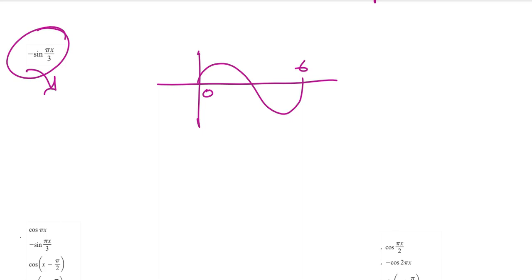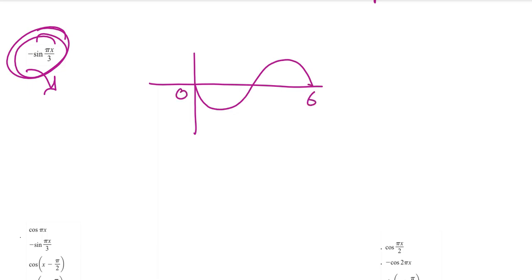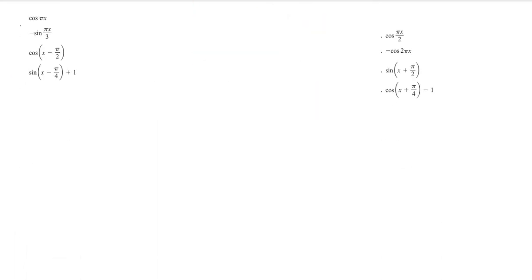And we have to reflect it along the x-axis. So the graph will be in this form, and it will end at 6. Or you may say the midpoint will be 3. Okay, so let's see some other examples, the more complex ones.